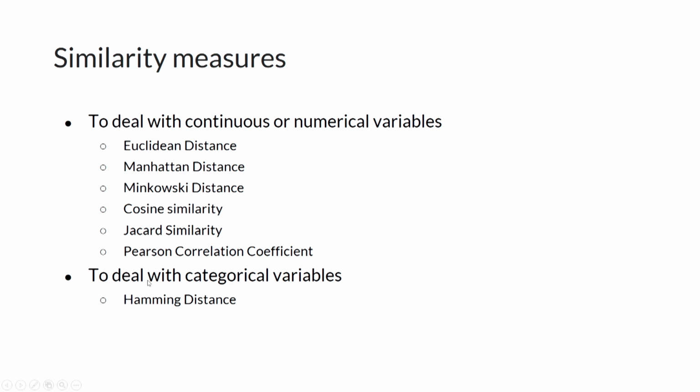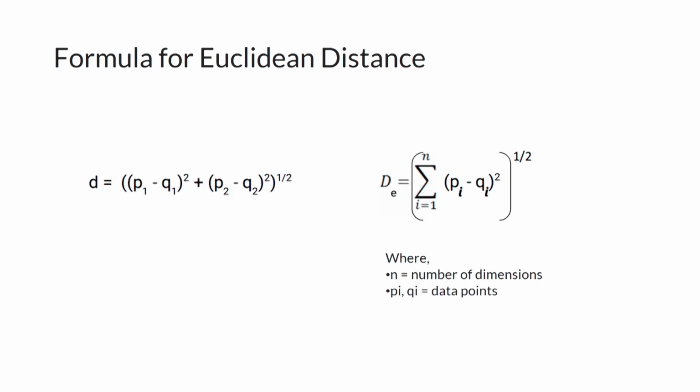And if features are categorical, we have Hamming distance. These are the metrics that can be used to find similarity between two instances, or between any of the instances in our data set. So, let us see these metrics one by one.